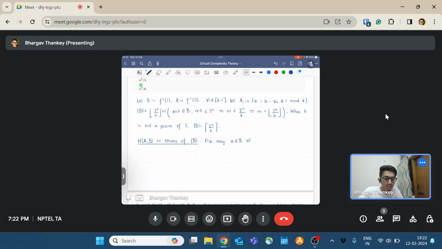N(A,B) is a set of tuples of the form sigma comma tau, let me just call it x comma y. So N(A,B) is a set of tuples of the form (y, x), where y is in A and x is in B, and x and y are neighbors of each other. Okay, let me do it like this.